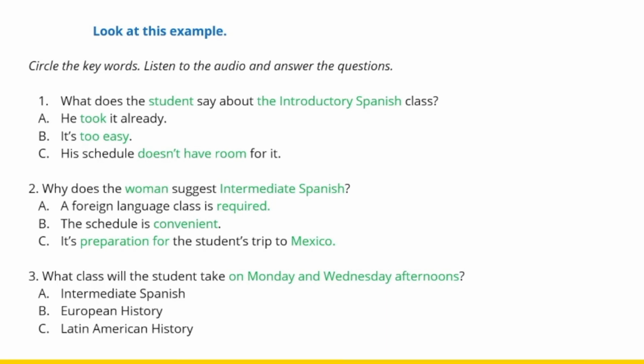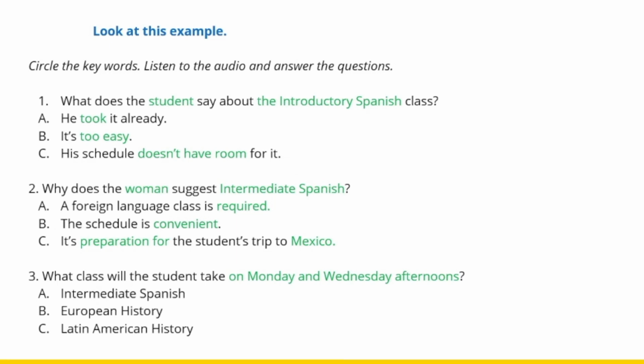Pay attention that it's not only Spanish but introductory Spanish. Maybe the student is going to talk about different types of Spanish classes such as intermediate or advanced, so make sure you are paying attention to the modifier before the word Spanish.